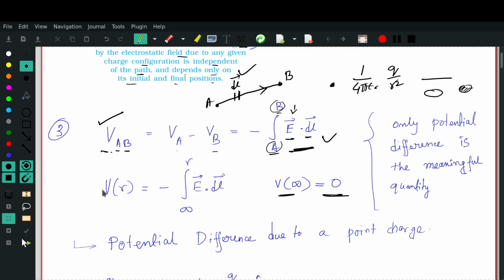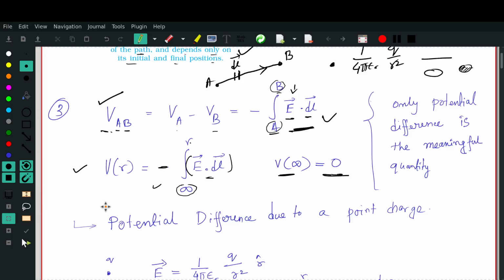So when you write V as a function of r, that means you are bringing some unit charge from infinity to some distance r, and you just calculate the work done in between, that is your E dot dl, and there is also this minus sign. So this is the basic recipe to calculate the potential for any kind of system.